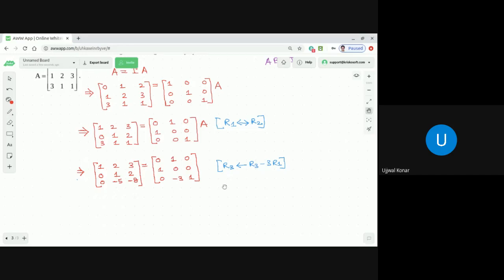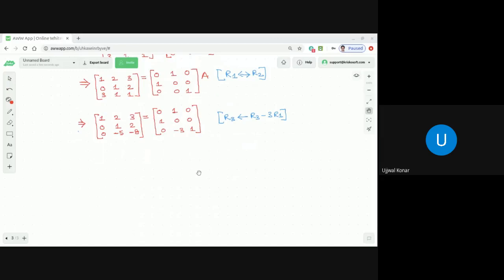Now what is the next operation we can think of? The next operation, dear students, is R1 becomes R1 minus 2 R2. So the new R1 becomes R1 minus 2 into R2.